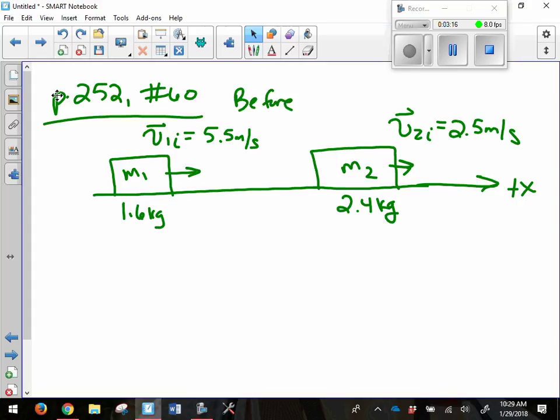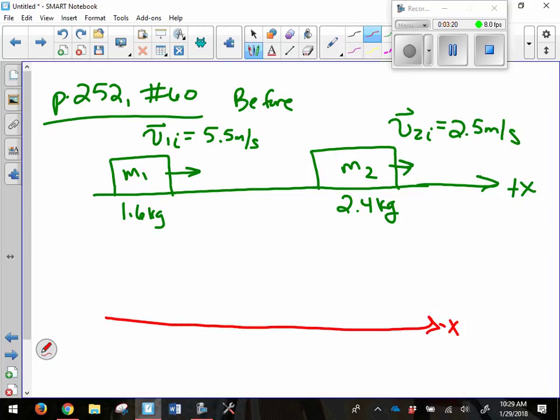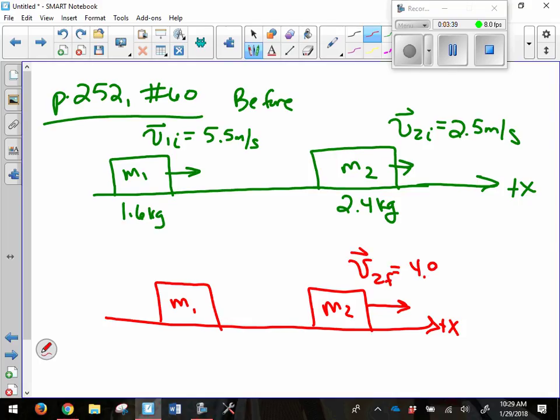And then they collide, which we believe, again, because of what the velocities are. There's my plus x. And afterwards, I'm going to have my M1. I don't know which direction it's moving. And I'm going to have my M2, which I know is still moving to the right, with a velocity of 4.9 meters per second.